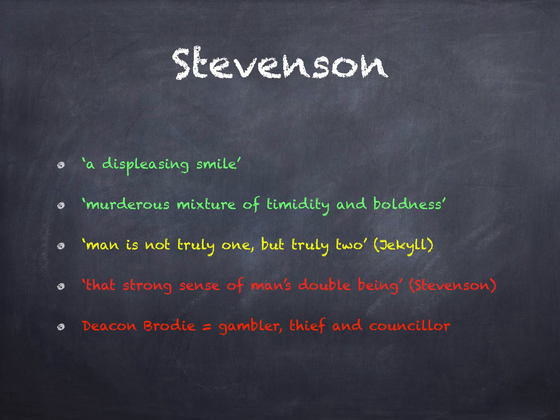He was an upstanding member of the community, a counsellor on the outside, but underneath this mask he was in fact a gambler and a thief, and he stole money to be able to pursue his gambling habit. So we can see here that Stevenson's interests in these two-sided beings, in that man sometimes had a respectable outside and a less respectable inner being, was something that he was exploring even before he wrote Jekyll and Hyde.